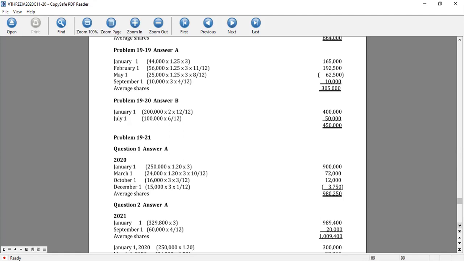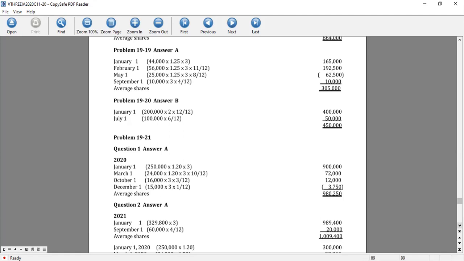Then for question number 2, the weighted average number of shares for 2021. So we have now January 1 for 329,800 shares, then we multiply by 3, that gives 989,400.